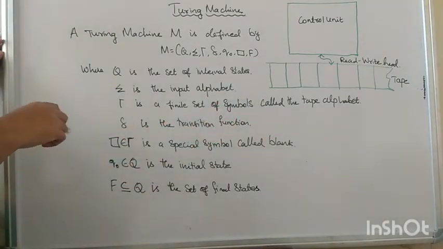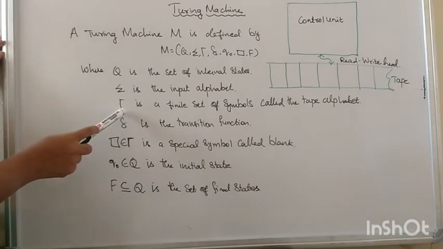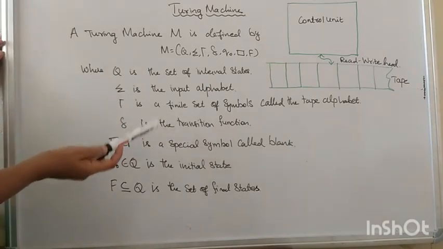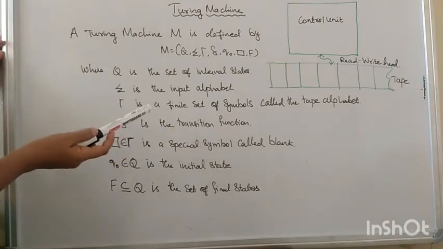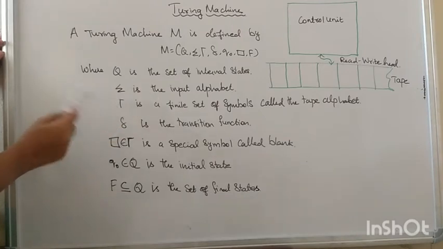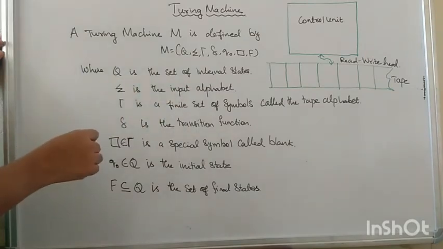In push-down automata, we used the tau symbol to represent the symbols of the stack. But here we are using the tau to represent the symbols of the tape alphabet.